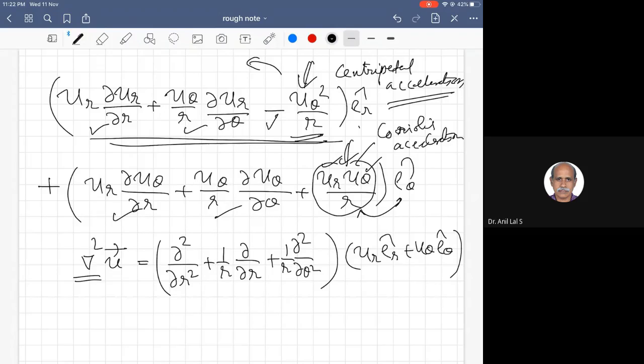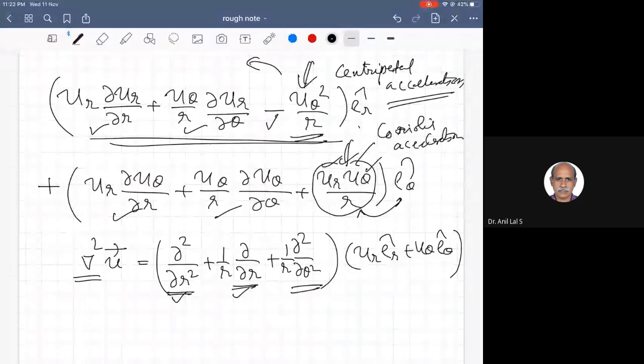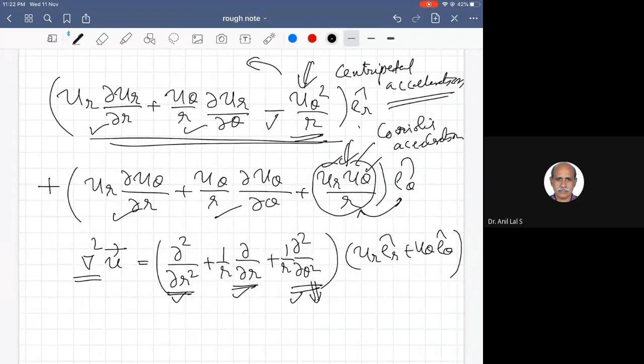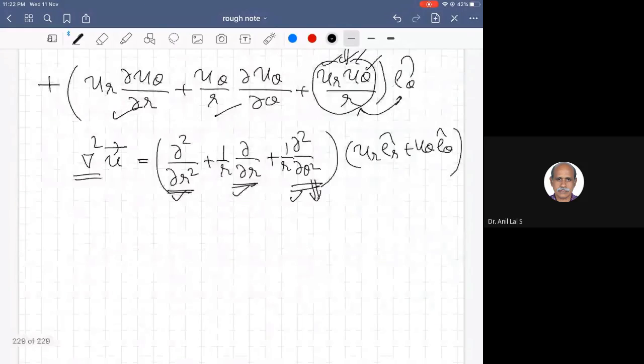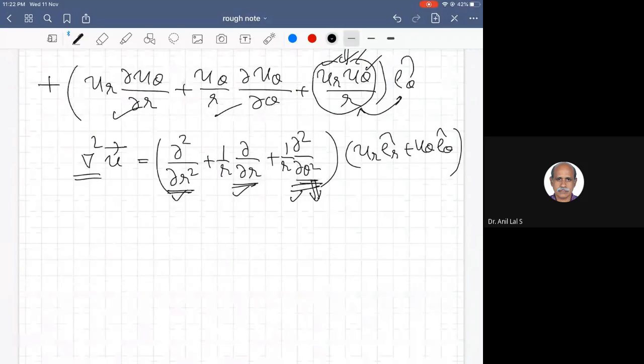The differentiations along the radial direction give no extra terms, whereas extra terms come from the tangential derivative, and that too the second derivative. So we will see what extra terms come out of this dou squared by dou theta squared.